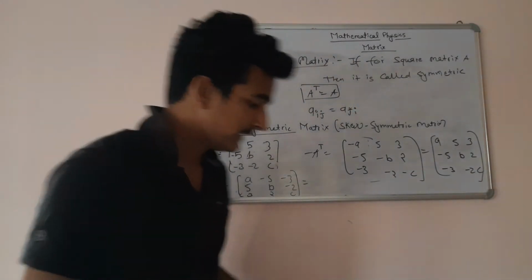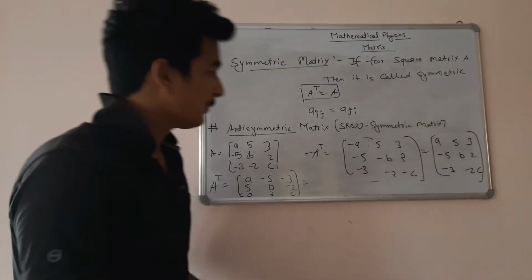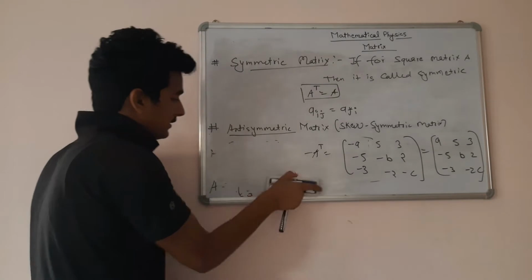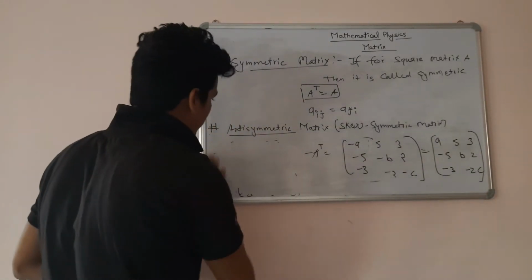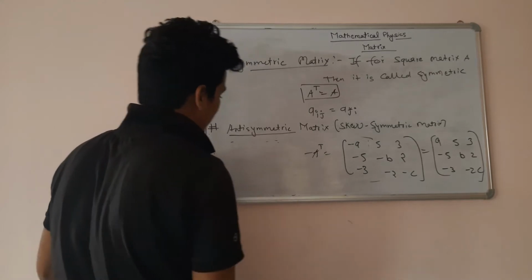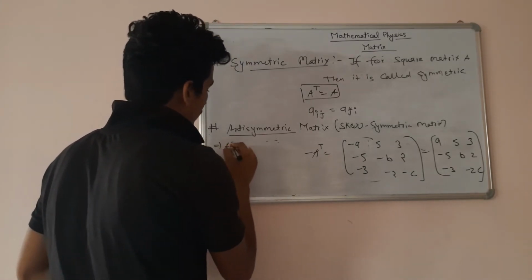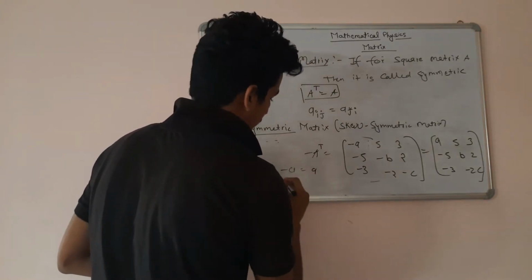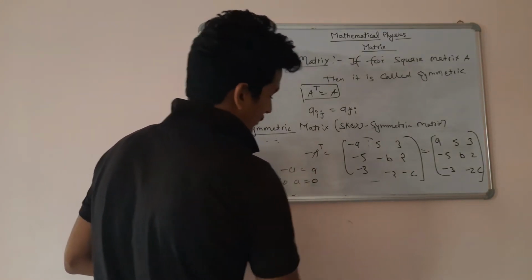Can someone suggest the number whose positive and negative are the same? It is just 0. So a basic property of the skew symmetric matrix arises: all the diagonal elements are 0. If minus A equals A, then A should be 0.